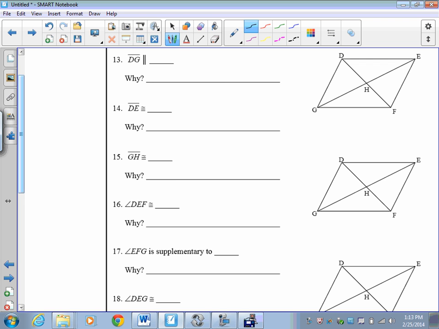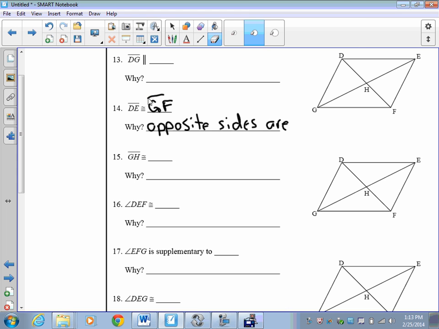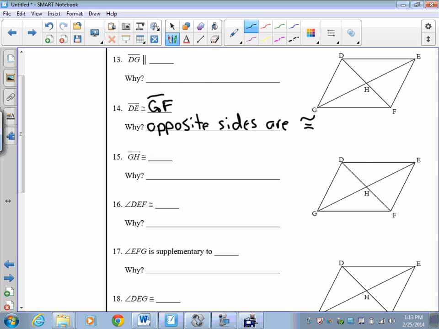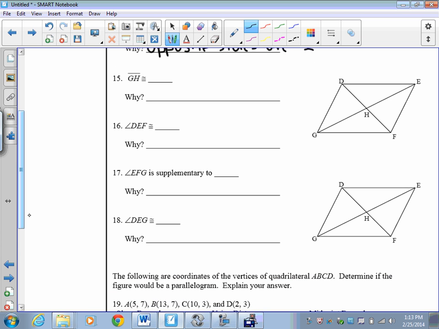So we know that DE has to be congruent to GF. Why? Opposite sides are congruent. Number 16, angle DEF, which is right here, is congruent to what?